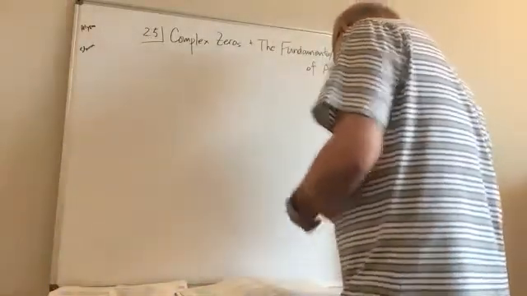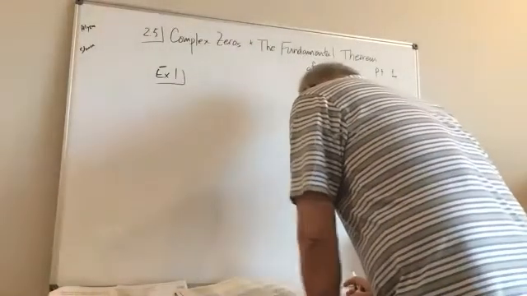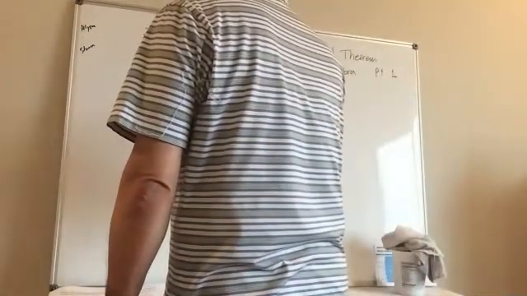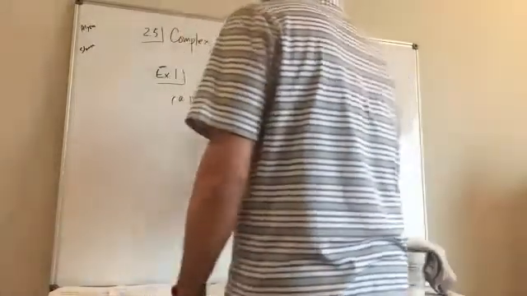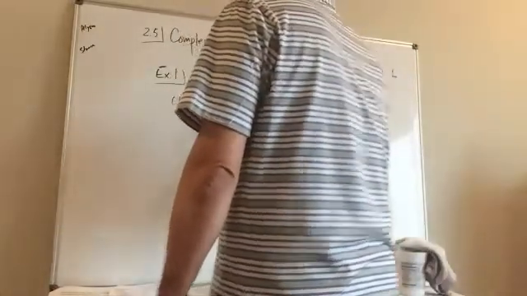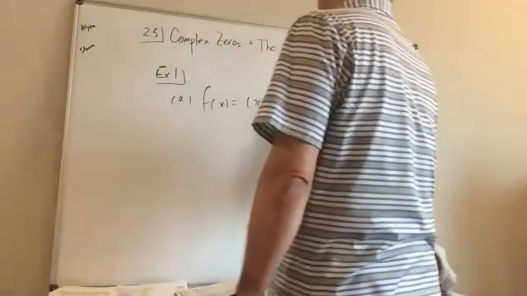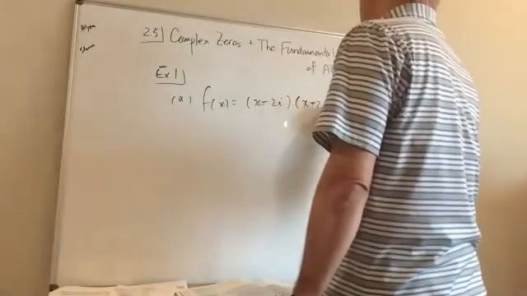Okay, so let's go ahead and see if we can do example number 1, using these things. Example number 1, write the polynomial function in standard form. So a, f of x is equal to x minus 2i, x plus 2i.